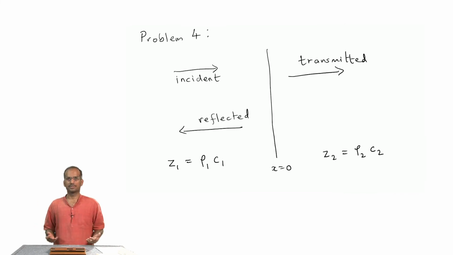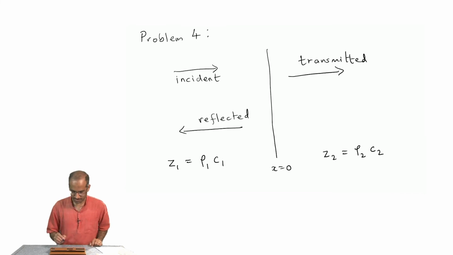The way to do it is precisely the same as what we had done with the transverse waves. The only difference, and the crucial difference, comes in the treatment of the boundary conditions. So, here we will have two boundary conditions like we had in that case.